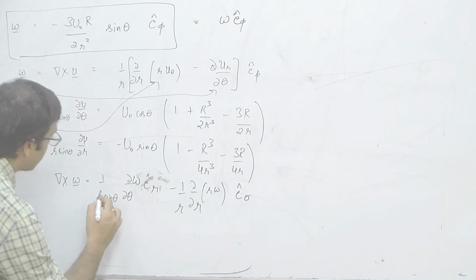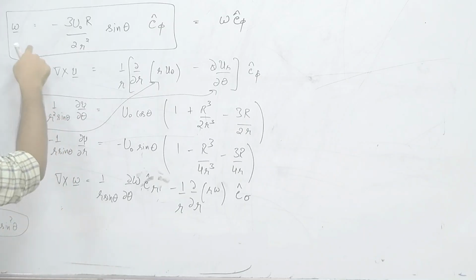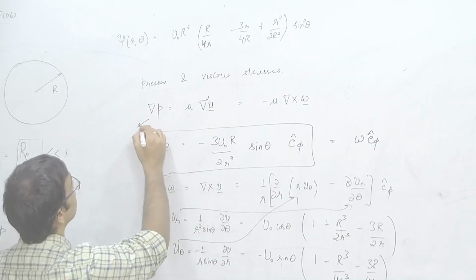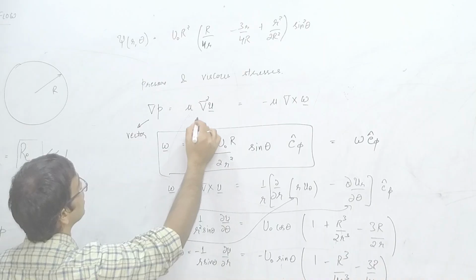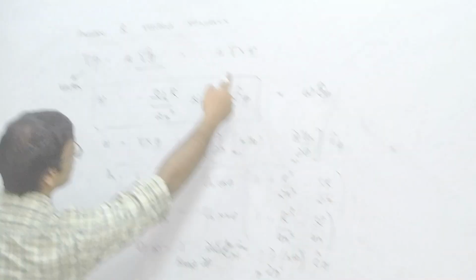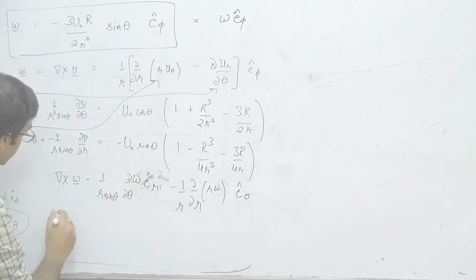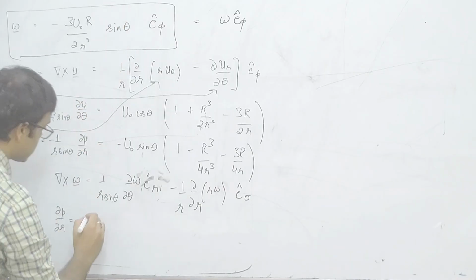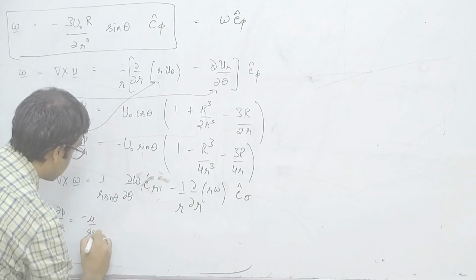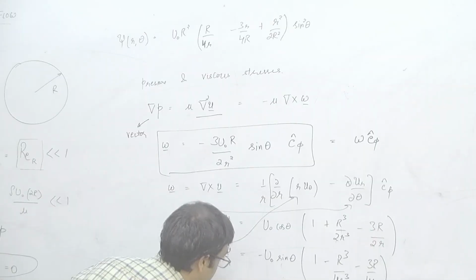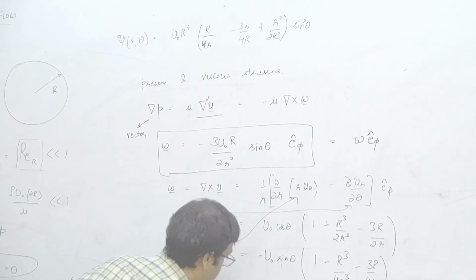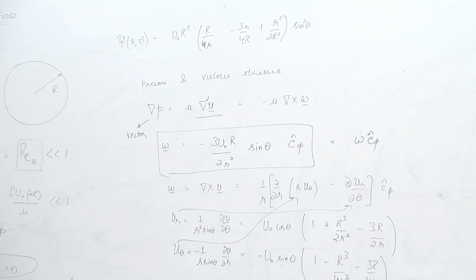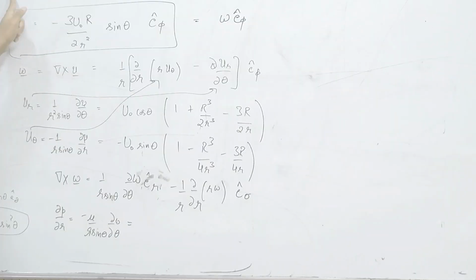And so what we can write is grad p, which is a vector, and the right hand side is also a vector. So what we will get is del p by del r equals minus mu by r sine theta del omega by del theta. We are trying to integrate for pressure using this equation.